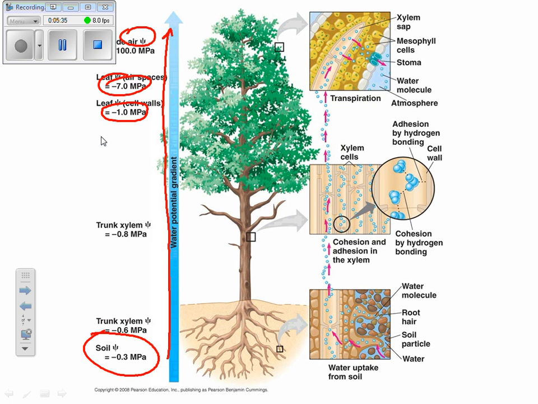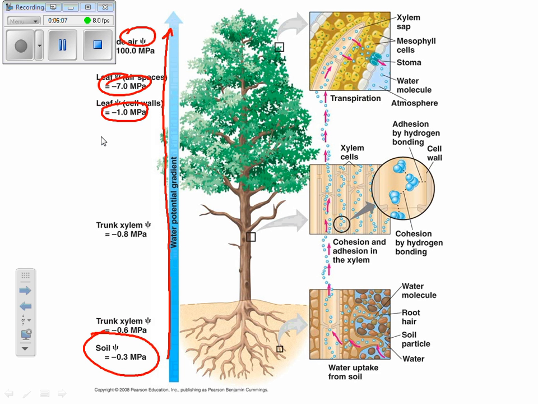So you've got a couple of things going on in the leaf which are causing water potential to drop. We have water constantly being lost to the dry environment, and we have sugar buildup in the phloem, which we're going to see later can affect the movement of water and cause the water potential to also drop. With me at all? And so at negative 0.3 up to negative 7, that's a big shift.